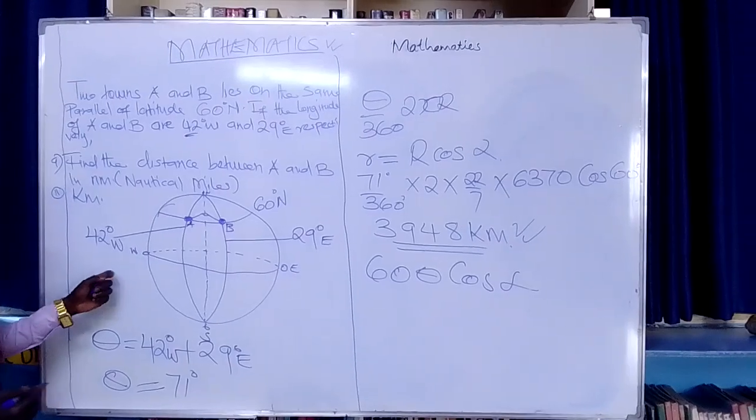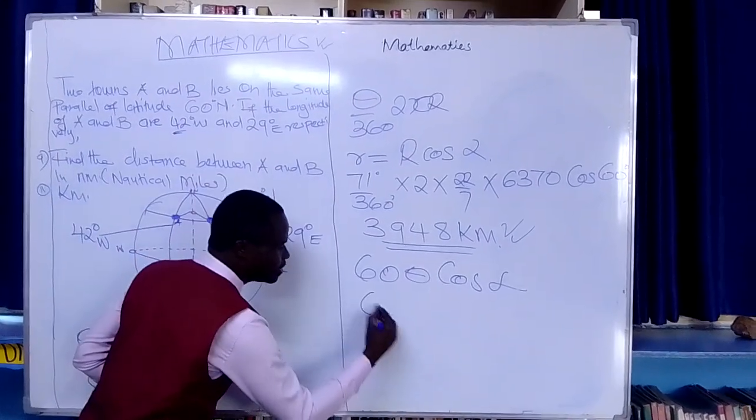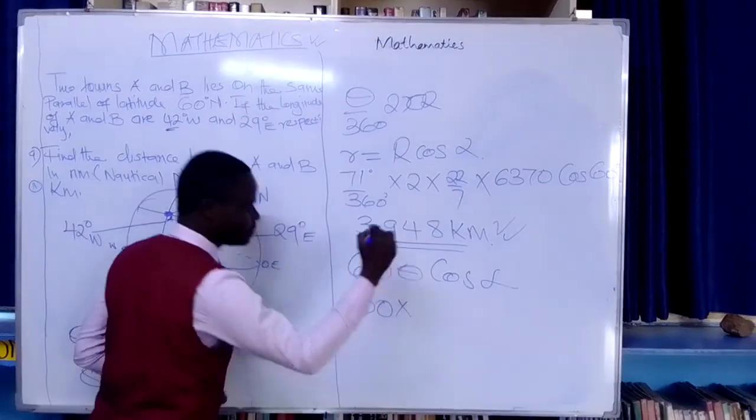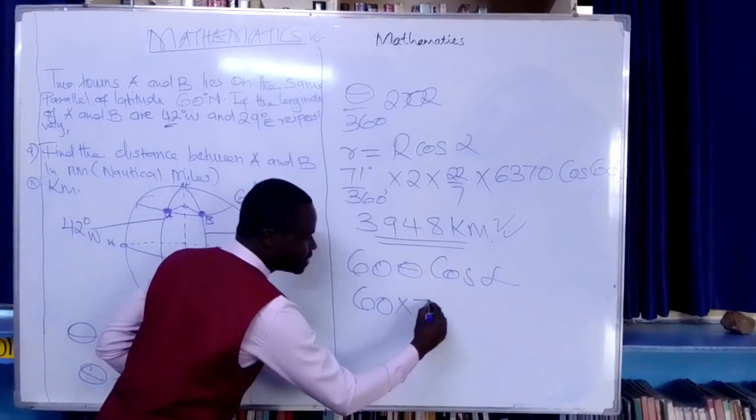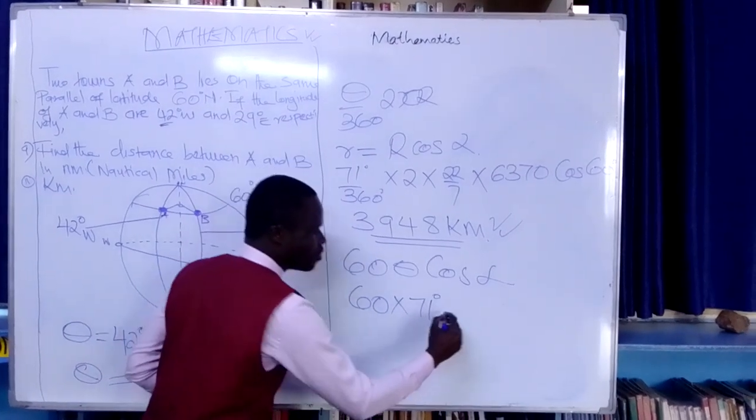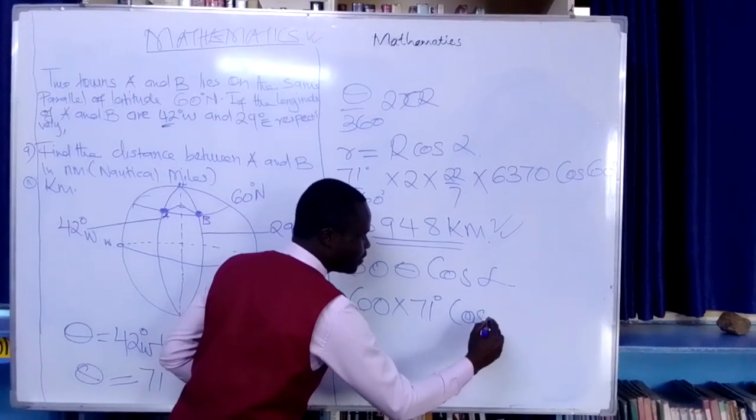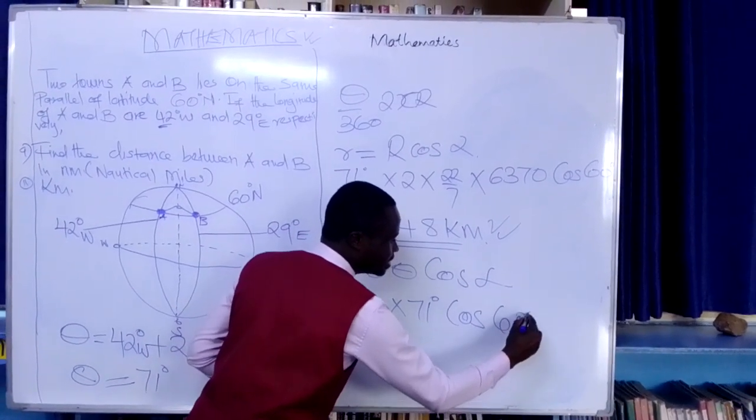So in this case, you are going to take 60 times theta, which is 71 degrees, times cos alpha, which is 60 degrees.